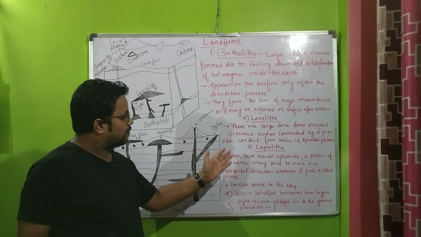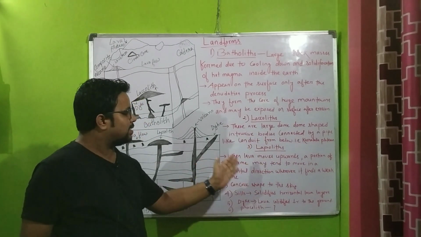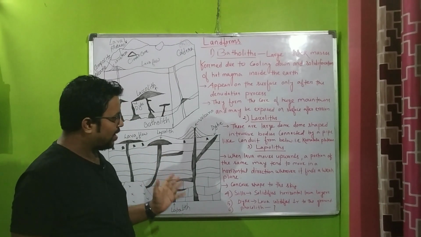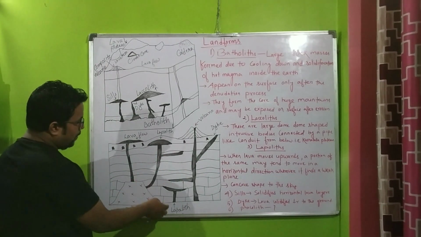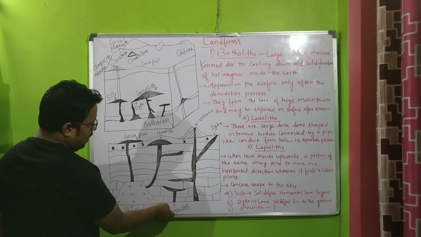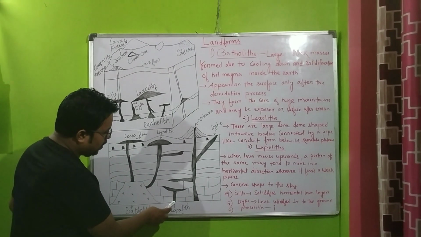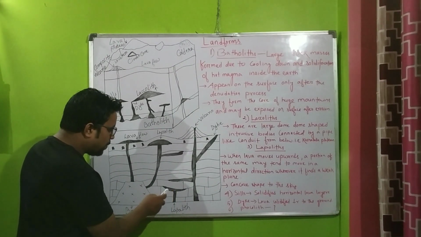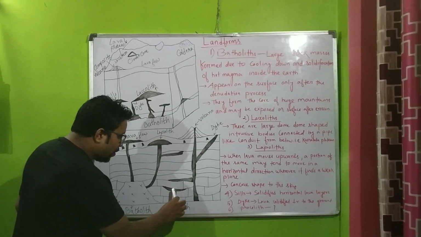Number 3 is lapoliths. When lava moves upwards, a portion of it may tend to move in a horizontal direction wherever it finds a weak plane. See here, lapoliths. When the magma moves from here, in a certain region it finds some weak rocks.